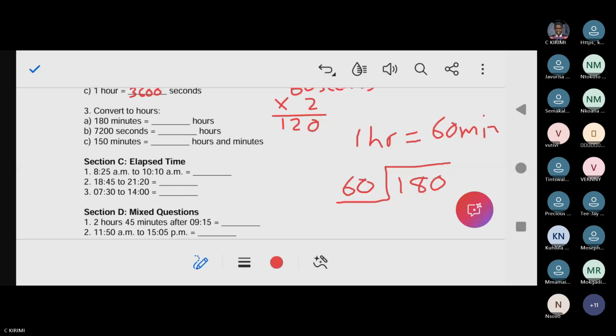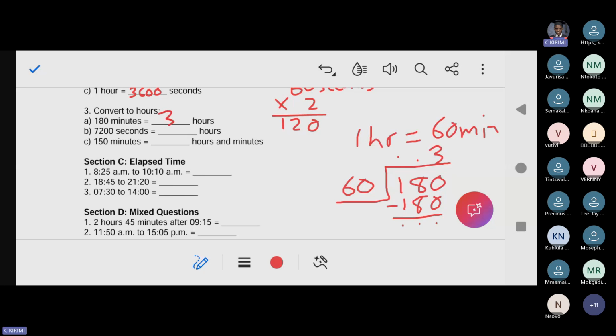Mental maths: 6 cannot go into 1, cannot go into 18, but into 60 how many times? That's 3. 3 times 60 is 180. Then you subtract, and there's no remainder. So the time there is 3 hours.